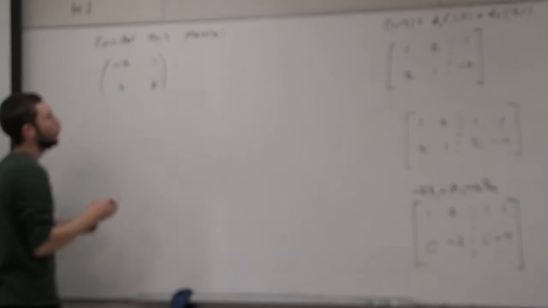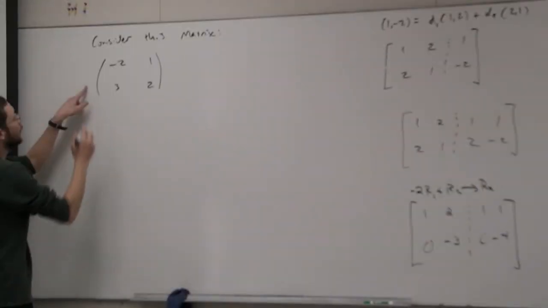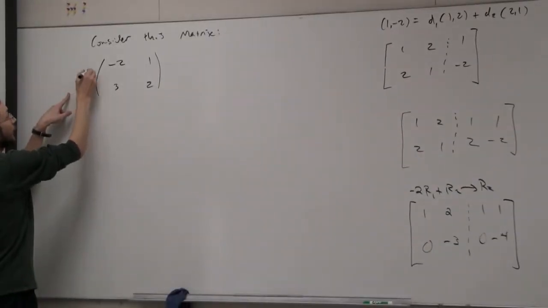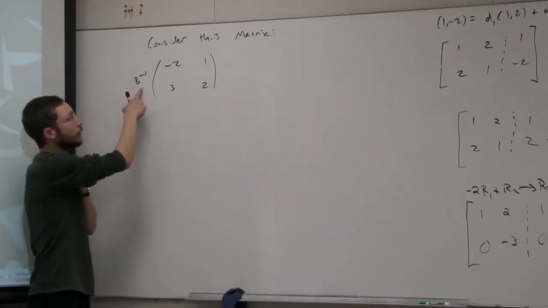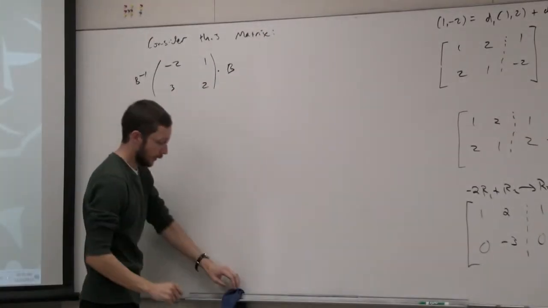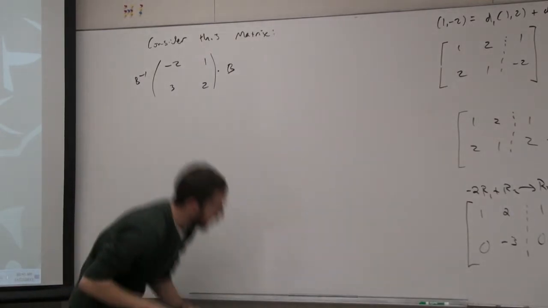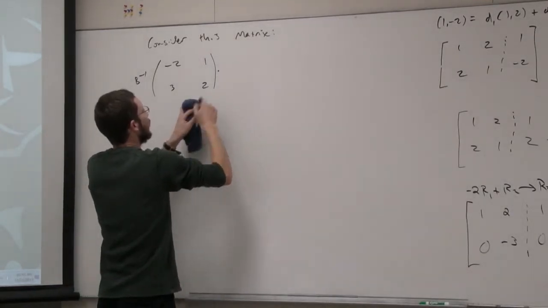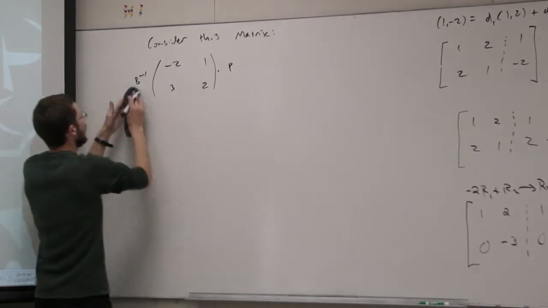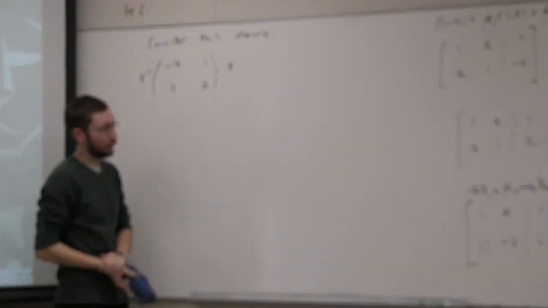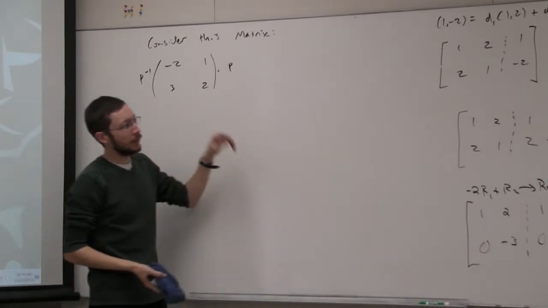And what we can do is we can pre-multiply by the inverse of the transition matrix and post-multiply by that transition matrix. Let me give it a different name. Let's call it P. P is going to represent the transition matrix. Okay. And I did the calculation earlier.